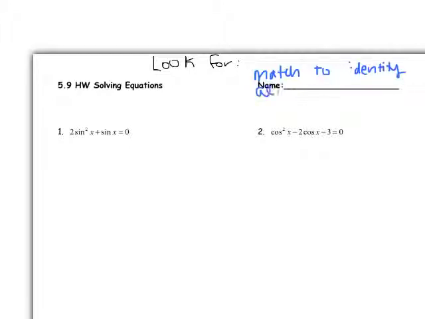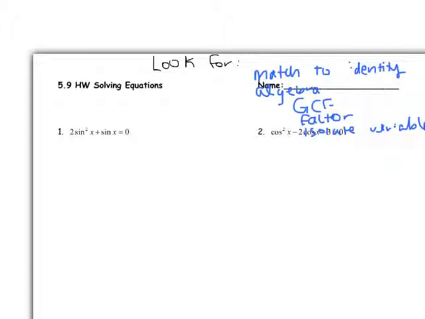By algebra steps, I mean you might find a GCF, you might do regular factoring, or you might just isolate the variable. All right, so let's start with number 1.